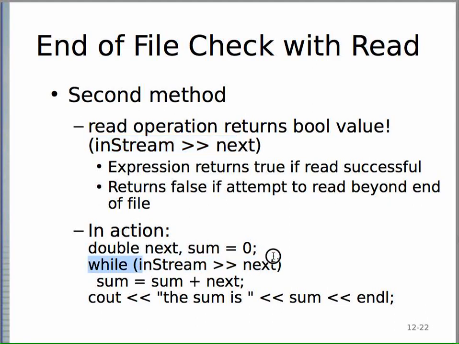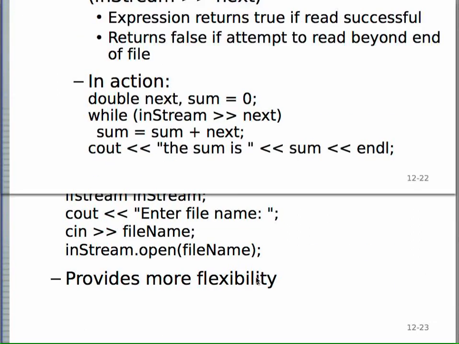If it fails, this will give us false. So it'll give us 0 if you try to read something and it doesn't work. That is, you're not able to read things from a file. Okay, so once again, that was not something we needed to use for Cin, but for files, yeah, we need that.